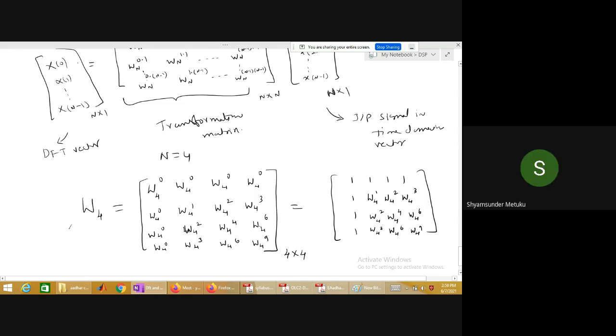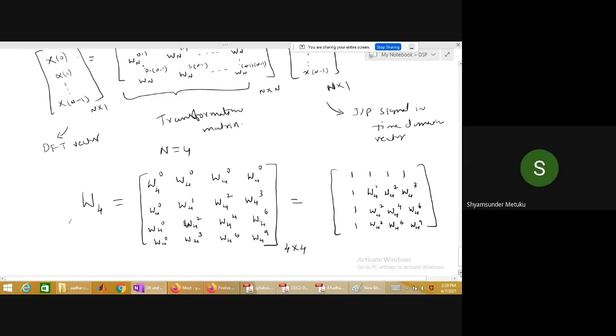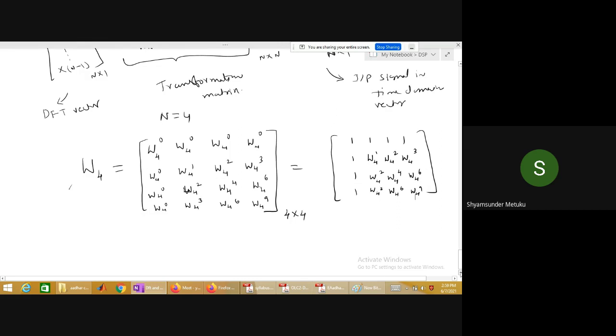So here you must remember one thing. What is the base for the twiddle factor here? 4, because I am calculating for 4. Any power greater than or equal to half of 4, which is 2, you should apply the properties. Can I write W4 to the power 2 as W4 to the power of 4 by 2 plus 0?